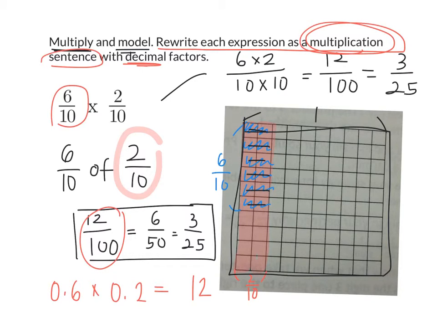So where does the decimal point need to go in order for the 2 to be in the hundredths? Tarun? Before the 1, and we'll put a 0. And I can show that, this whole thing is my multiplication sentence. 6/10 times 2/10 equals 12 hundredths.